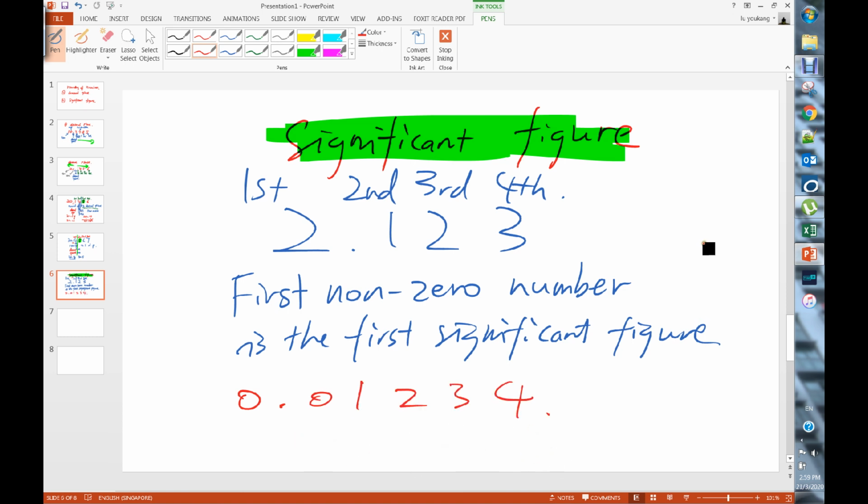Okay, where's the first significant figure? Point to me. Is this the one? Yes or no?